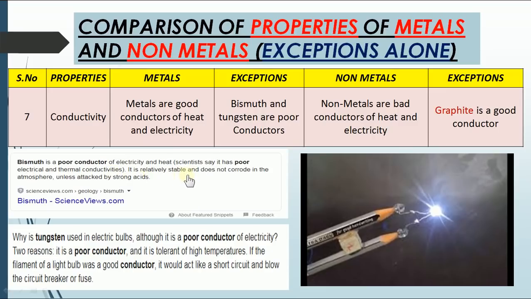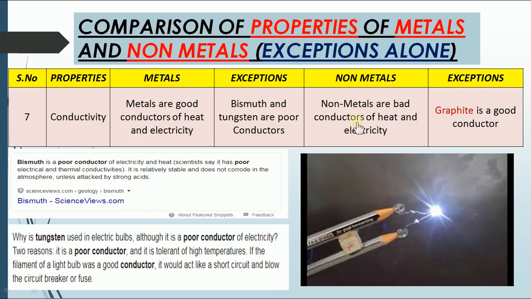It is relatively stable and does not corrode in the atmosphere unless attacked by strong acids. So bismuth can be attacked by strong acids like hydrochloric acid, nitric acid, and sulfuric acid, but otherwise it does not corrode, so it doesn't form rust like iron, right? So it's a bad conductor.